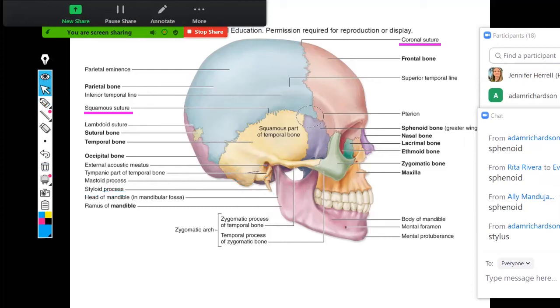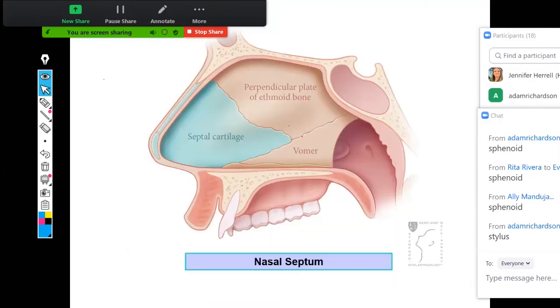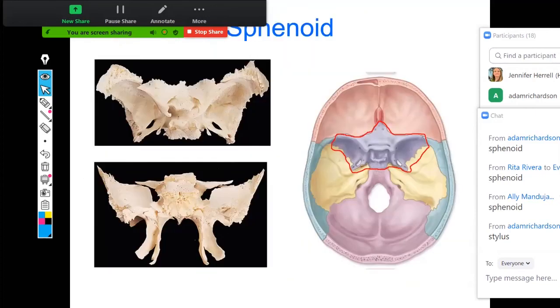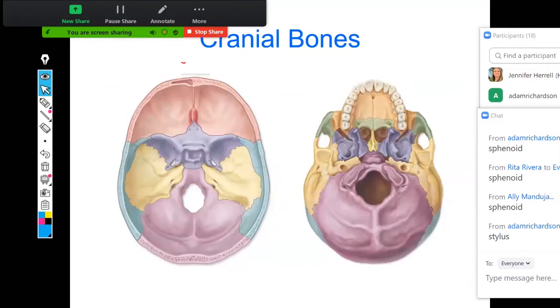While I'm on the subject, let me find another view from beneath. Here we go. One other really important part of the temporal is right in here. The ear hole will be over here. You can't really see it, but right in here, this is the carotid foramen, or carotid canal, sometimes it's called.